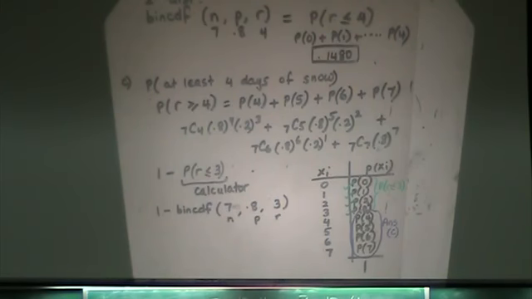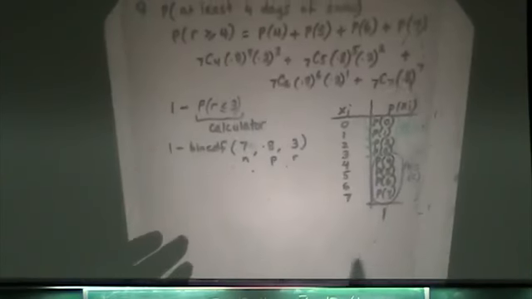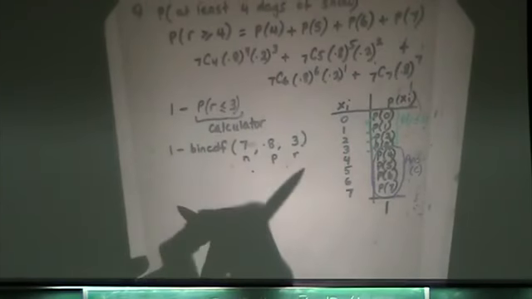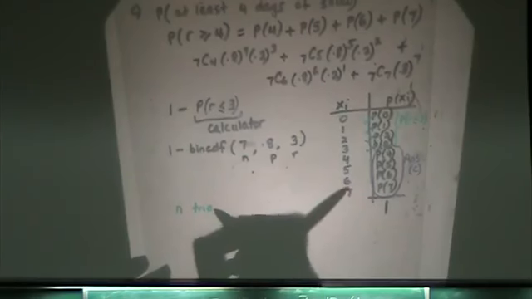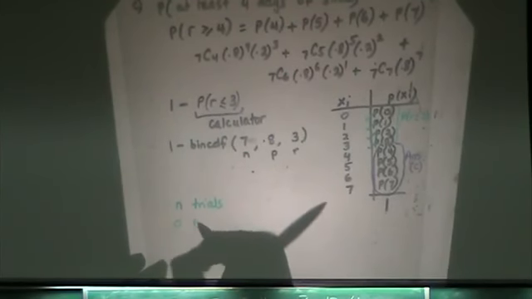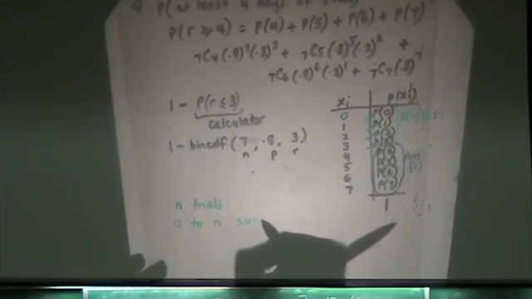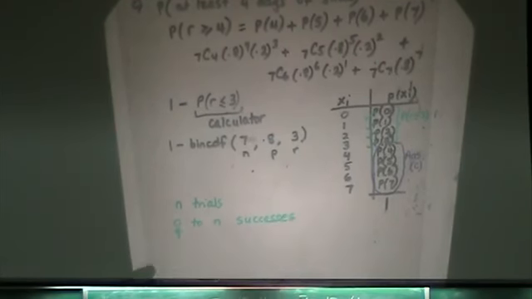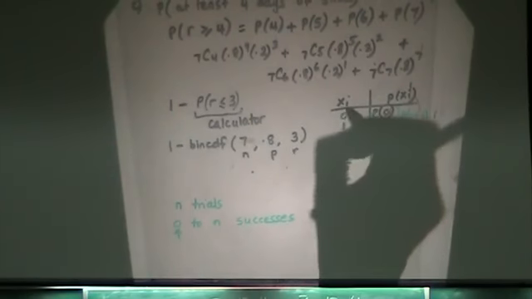So that's an important point that I just want to bring up again. When you have n trials, you can have anywhere from 0 to n successes. It's very possible to have no successes. So you must include the 0.